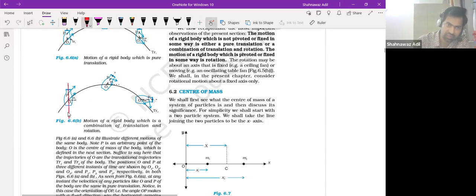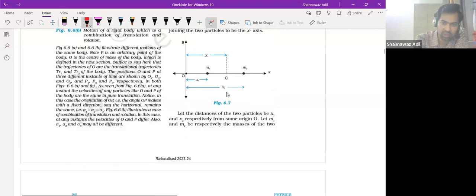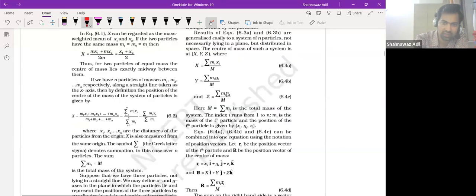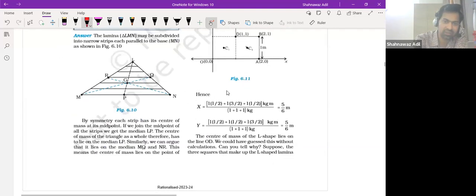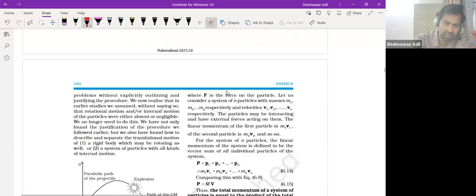This is the axis of rotation, this is the axis of rotation, this is the axis of rotation. So for simplicity, we will consider only those rotational motions whose axis of rotation is fixed. So all the rigid bodies that we calculate have a fixed axis of rotation. That is the key idea.